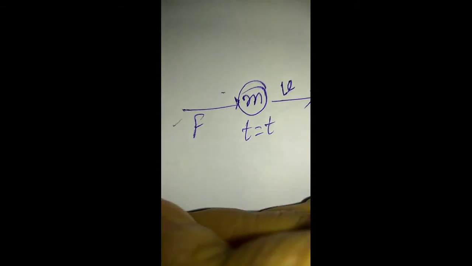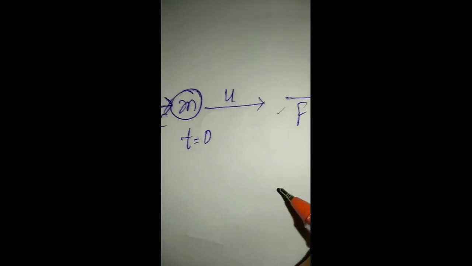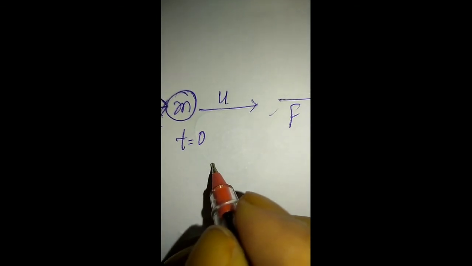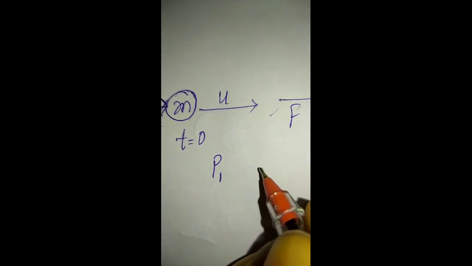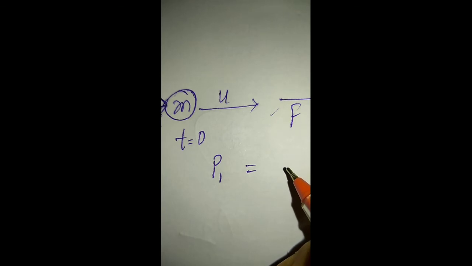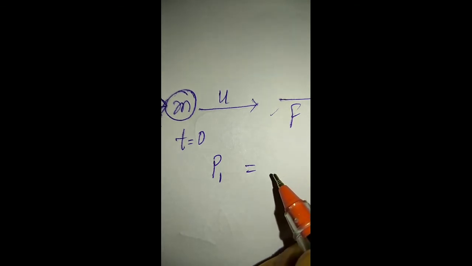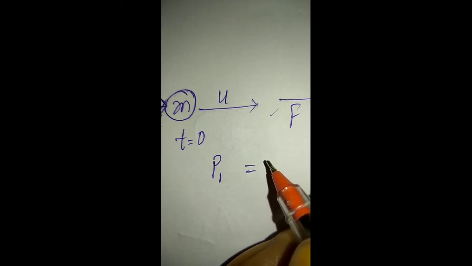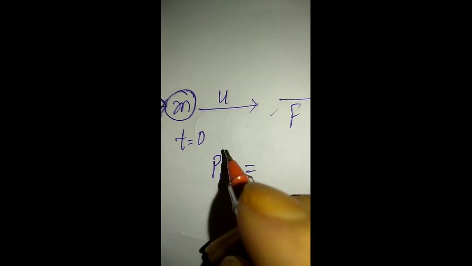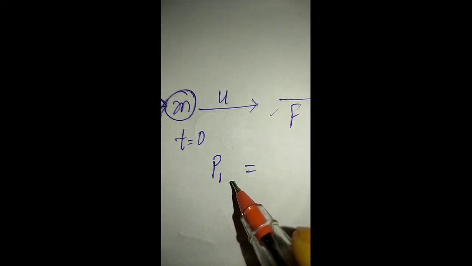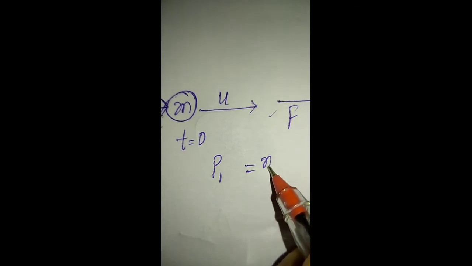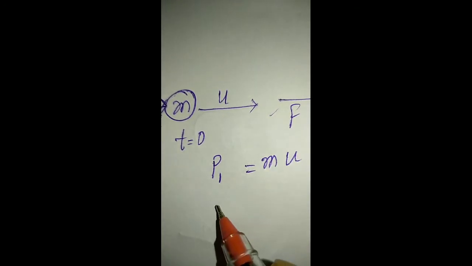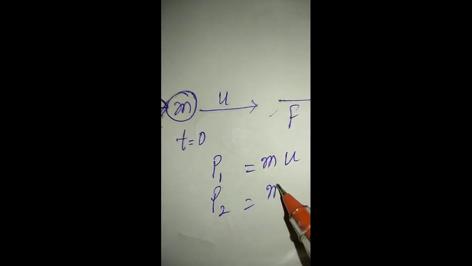Now suppose the initial momentum of the body is P1, equal to mu, since we already defined momentum as the product of mass and velocity, and the final momentum is P2 equal to mv.